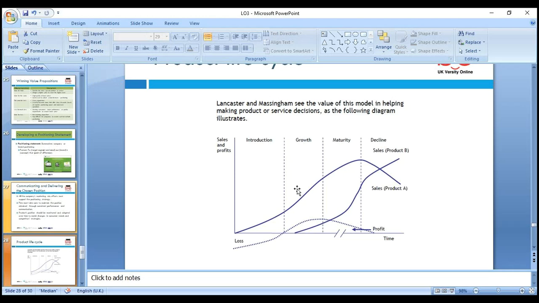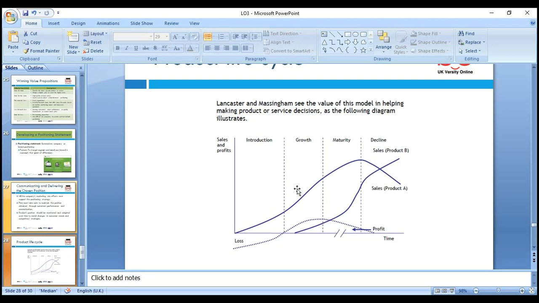So: introductory stage, growth stage, maturity, and decline, like Nokia we need to think about, or even Apple now with market share dropping. If we are at the decline stage, we need to bring new value propositions to attract customers. In a lot of companies maybe they just focus on the price, or focus on other features and benefits to capture more market share.